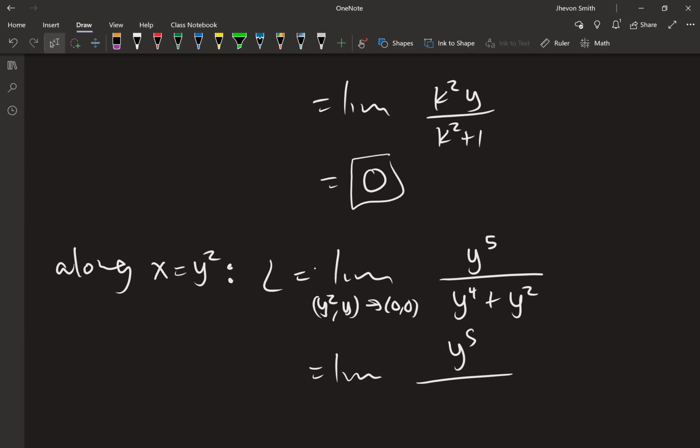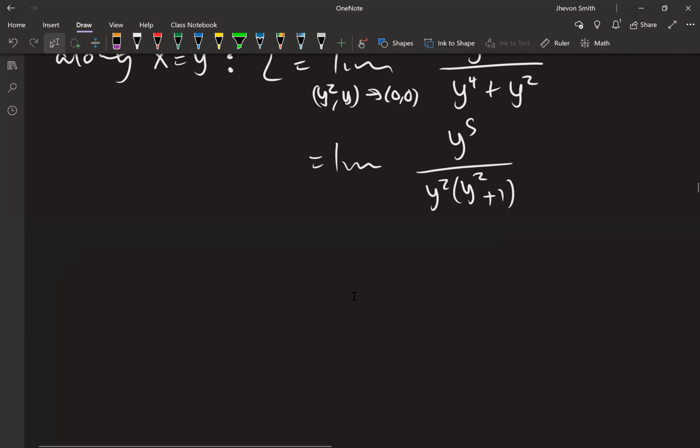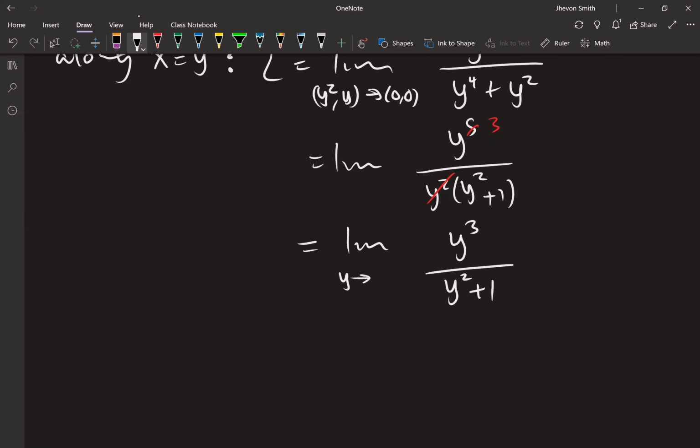Y to the 5th over, can factor out a y squared. I get y squared plus 1. Then cancel that. I would have the limit of y cubed over y squared plus 1 as y is approaching 0, and that gives me 0.